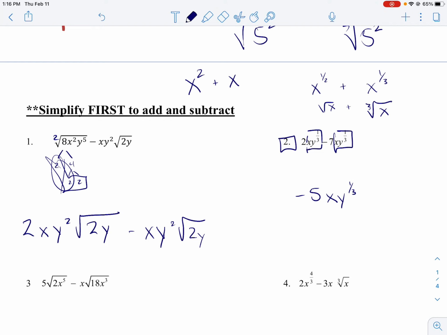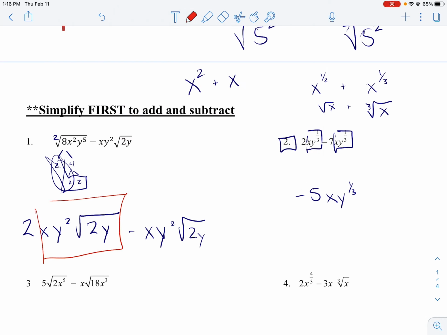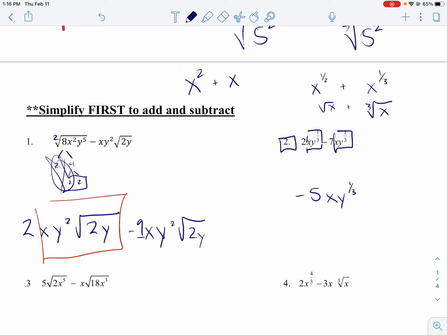So finally, I got 2 of this guy right here minus, you don't see it there, but minus 1 of these guys right here. So I got 2 of this guy minus 1 of this guy, which will leave me just 1 of this guy.